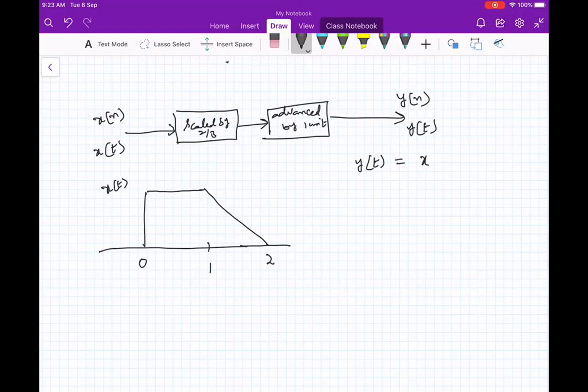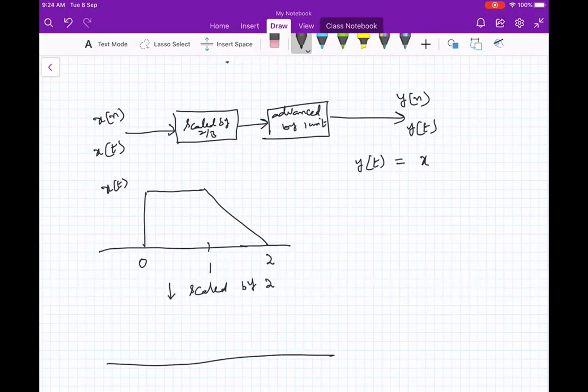Scaling, as I am saying, for example, if a signal is scaled by 2, in my wording, scaled by 2 actually means it is stretched 2 times.